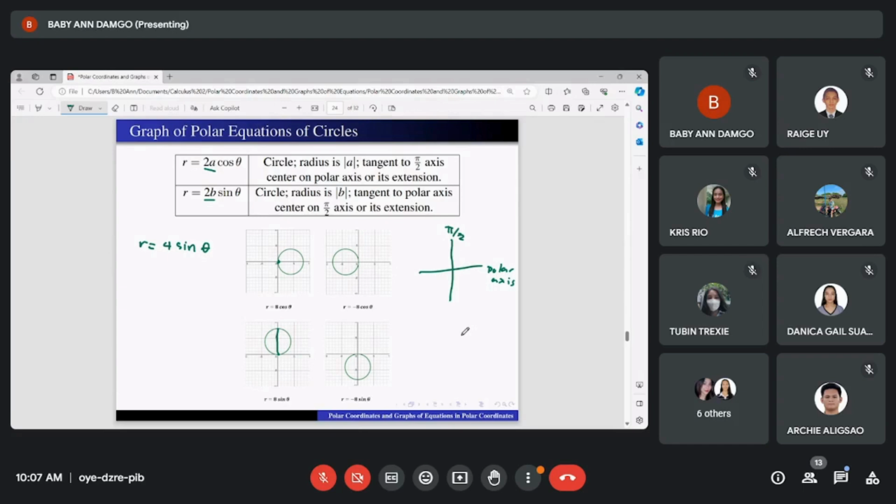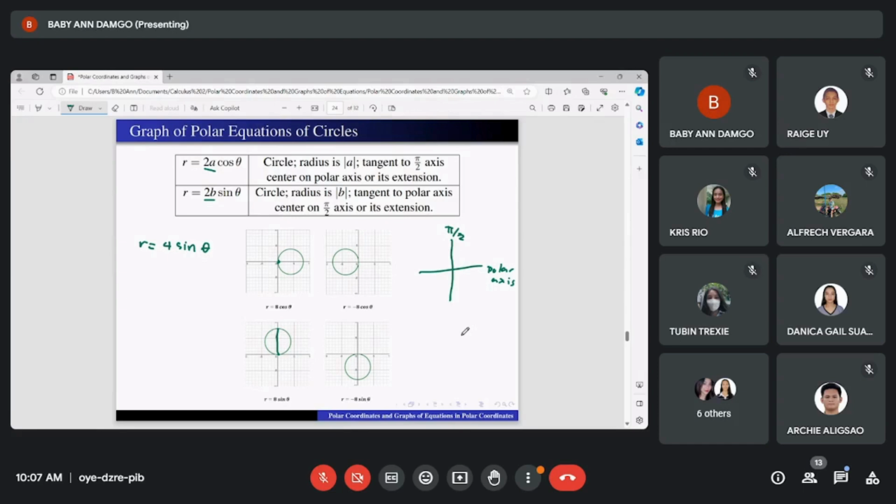So if we have 4 sine theta, ang radius ani is 2. So naa siya dire. So we have 2. So here, and this one. So 1, 2, 1, 2, 1, 2 para mo perfect sa gamay atong circle, no? Bisag dili ko siya perfect. Okay? Basta ma-pinpoint lang na itong upat. Kani.